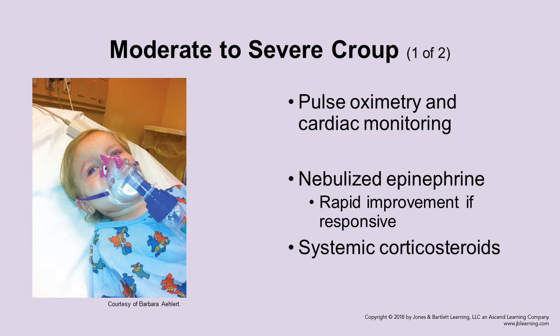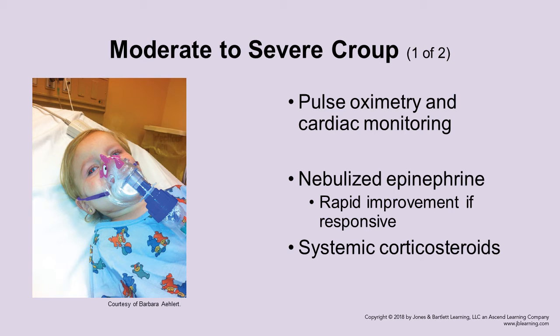Now in patients with moderate to severe croup, again, you'll want to put them on a monitor and check their pulse ox to make sure their oxygen saturations are sufficient. And then if they are having severe upper airway obstruction or stridor, it is worth trialing a medicine known as nebulized epinephrine.